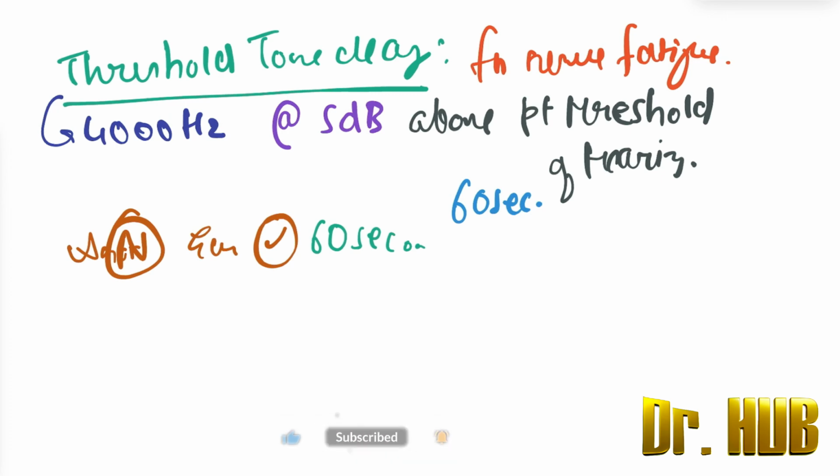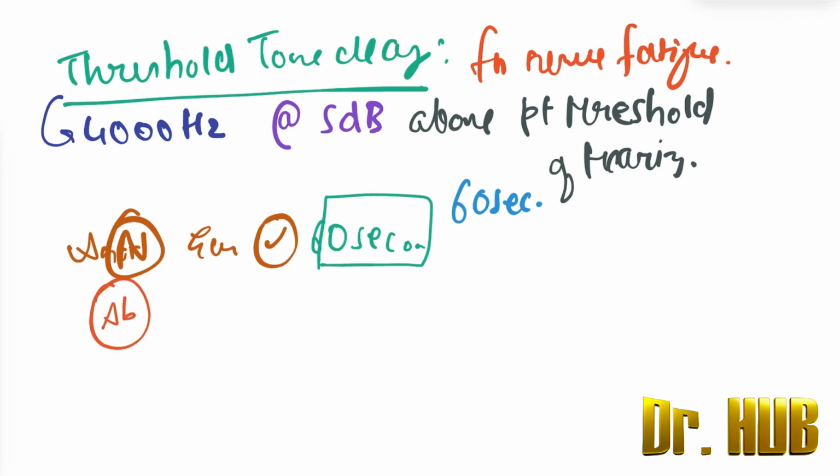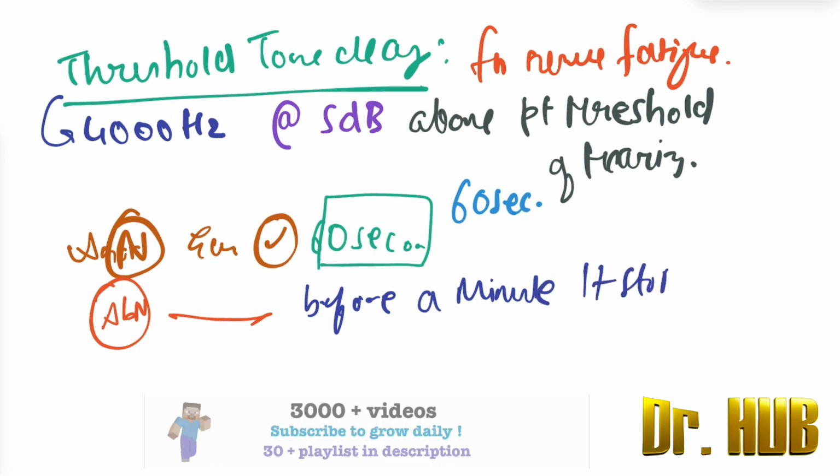A normal ear can hear continuously for a minute, but in an abnormal case, the patient stops hearing before 60 seconds, and the loudness is increased until the patient can hear the sound.